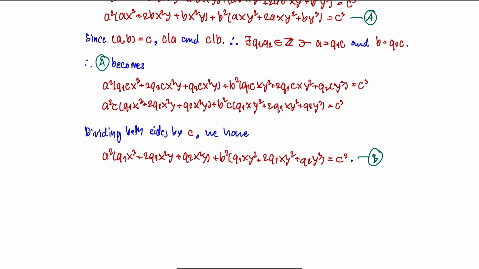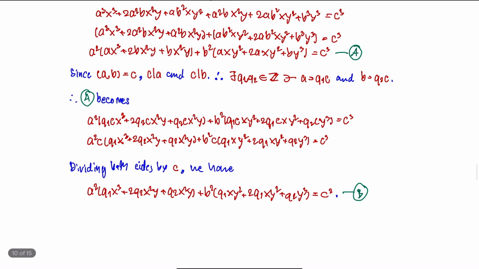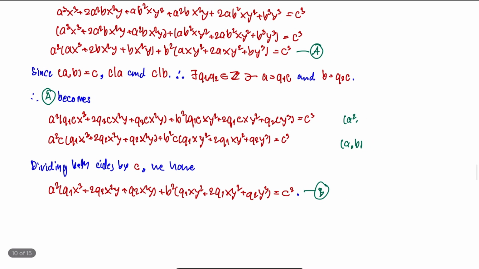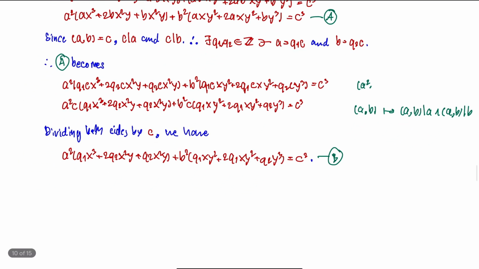Now let's take a look at this. If you have the greatest common divisor of a and b, we can say that the greatest common divisor of a and b divides a, and the greatest common divisor of a and b divides b.